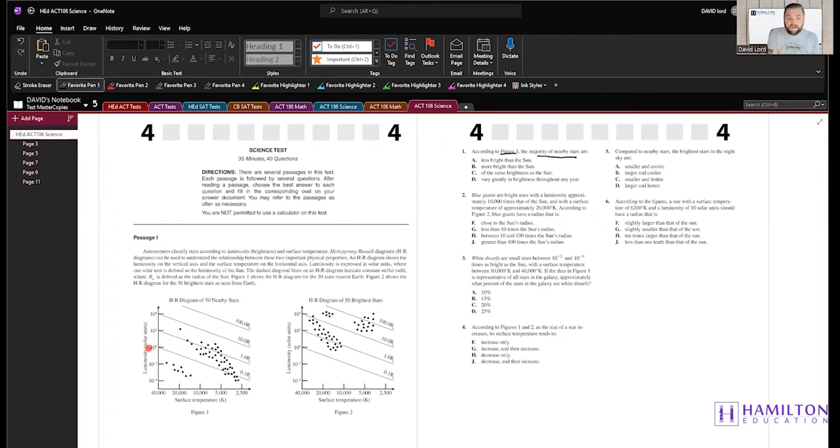So 10 to the 0 would be the same as 1. That means anywhere along this line would be as bright as the sun. If you look though, the majority of the dots are below that line. So that means that most of the stars are going to be less bright than the sun, which is why the answer should be A.